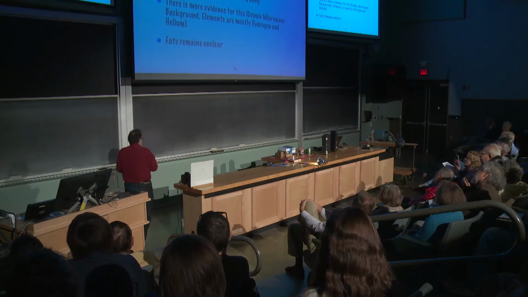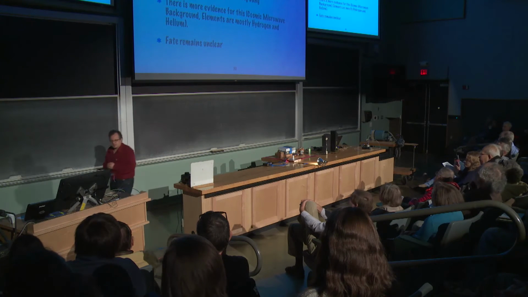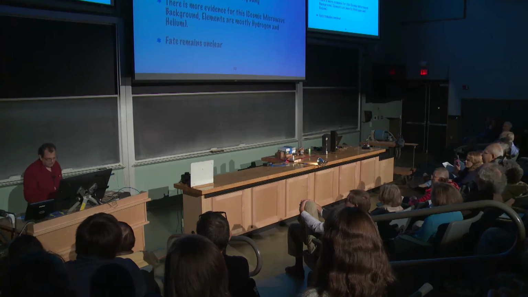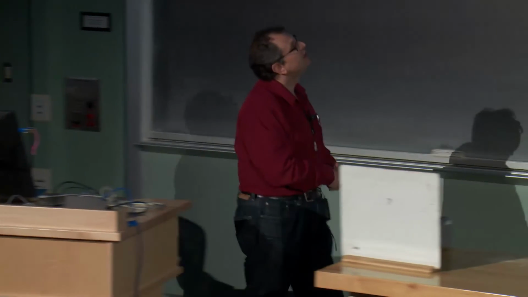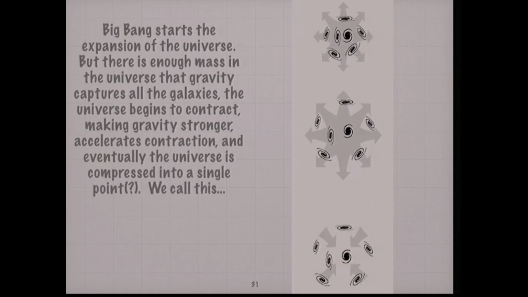I'll point out that at this point, the fate of the universe is not entirely clear. There are two paths. One is, the Big Bang starts this expansion of the universe. How does it do that? No one really knows. That's a mystery, so we'll just leave that. There is something that starts the expansion, but it now moves under the influence of gravity.